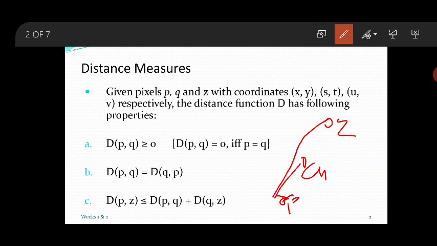You reach from P to Q, and from Q to Z. Then the distance between P and Z is the distance from P to Q plus Q to Z. For simplicity, the distance between P and Q is 1, and the distance between Q and Z is 1. So, can I say P to Q plus Q to Z? That is condition number 3. I hope the point is clear here.